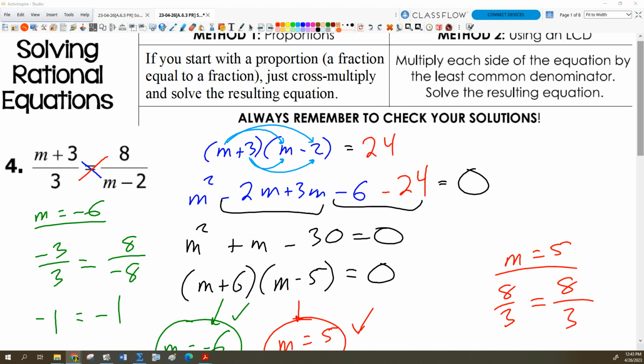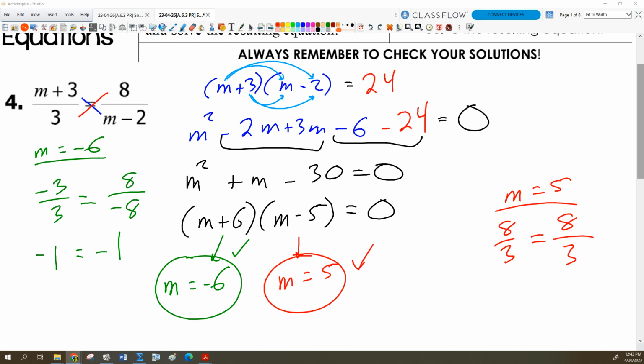The one thing we didn't do in this problem that we've done in the past is we didn't keep a tally of the values of, not x, of m that we have to exclude. Well, what are they? If I look at the original function up here, are there any values of m I have to exclude?